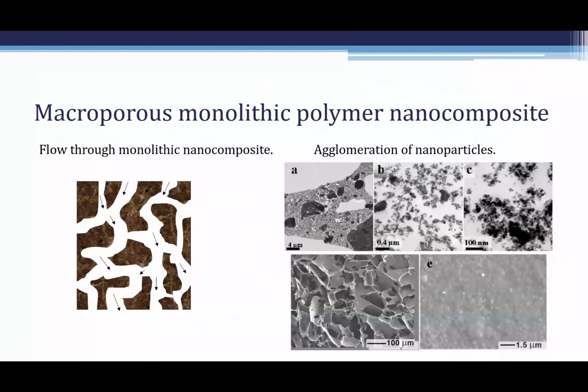So further work has been done to analyze it, and this image shows these agglomerates formed inside of the particles, and the flow through the composites is going through the polymer walls, and the absorption happens in nanoparticles.